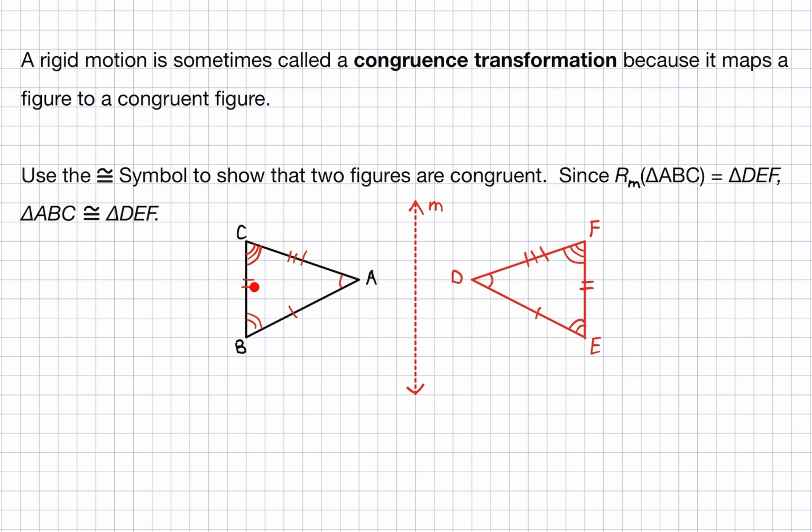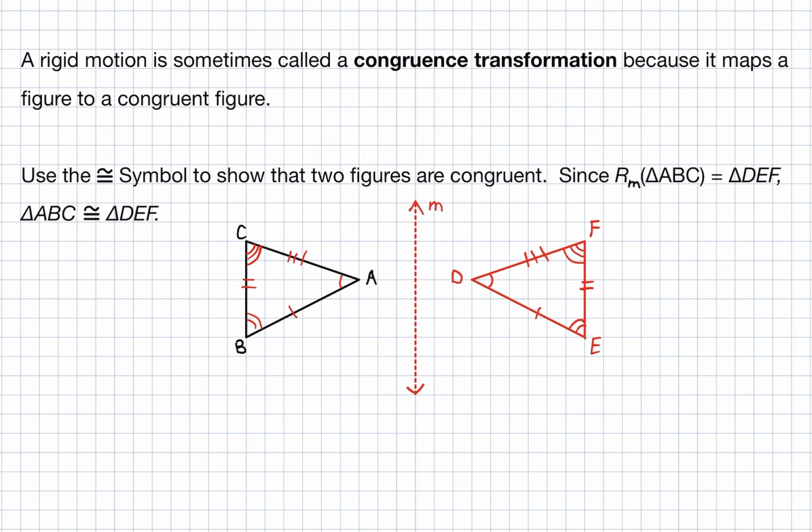Okay, when we have two hash marks and two hash marks here, it means that segment BC and segment EF are exactly the same length. And then we've got three hash marks here. So segment AC is exactly the same length as segment DF because we have three hash marks here. Okay, so those are lengths of a segment.